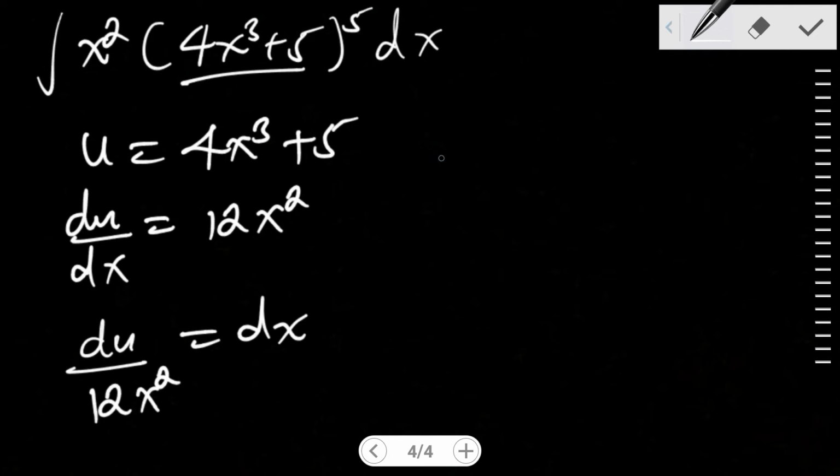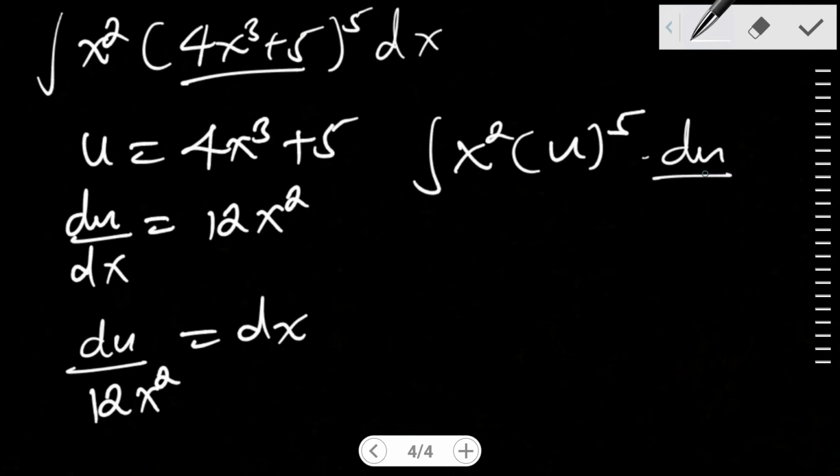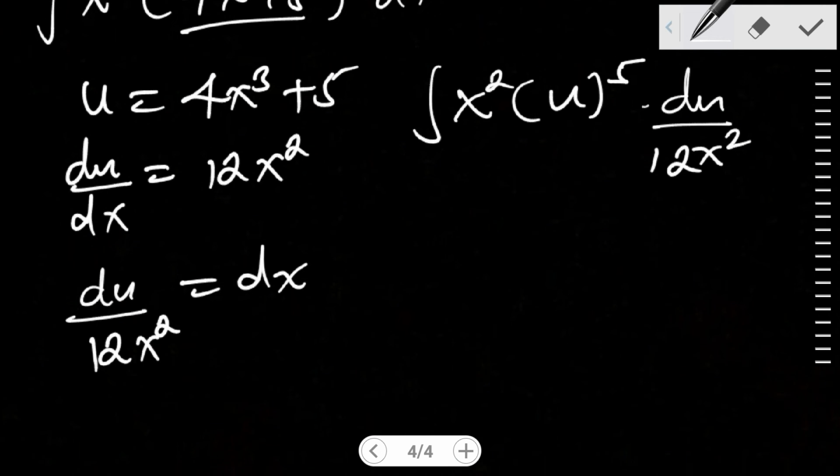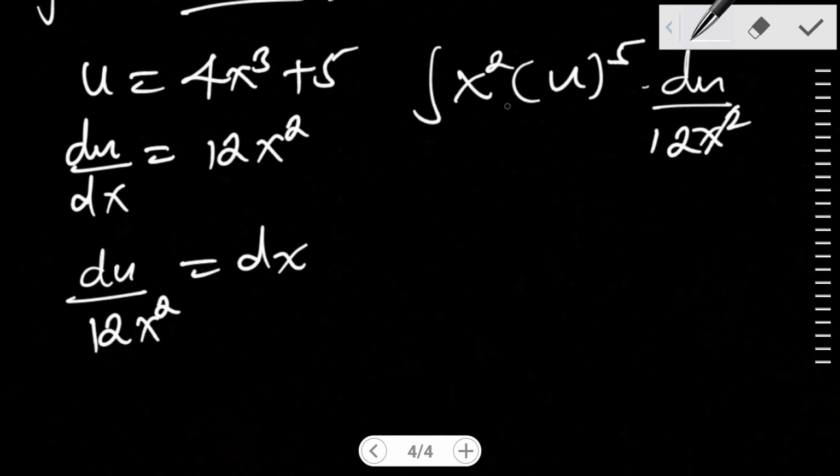That means that we're going to have the integral of x squared into u to the power 5, then the dx is going to be du all over 12x squared. And so I'm going to cancel this with this.